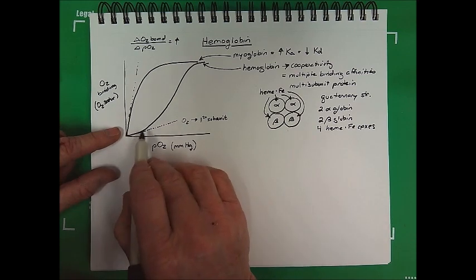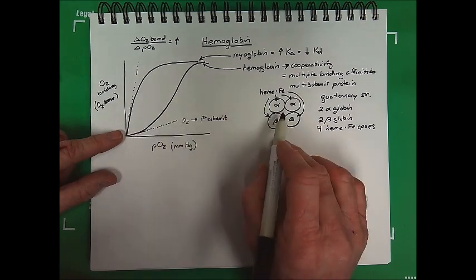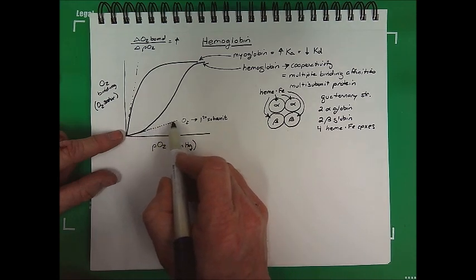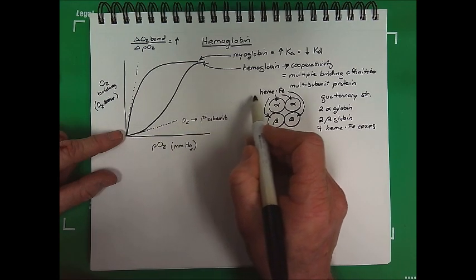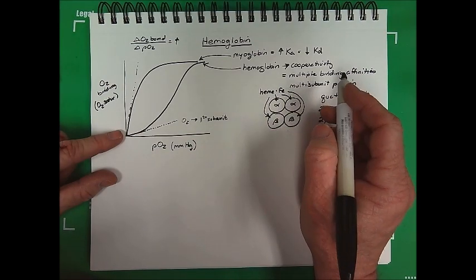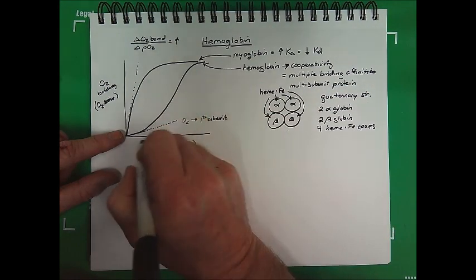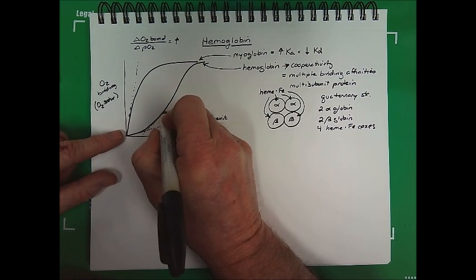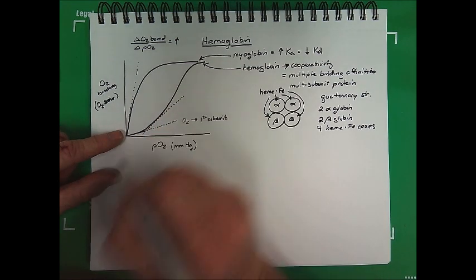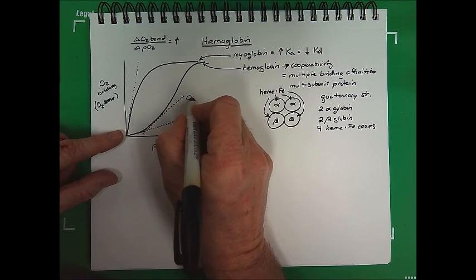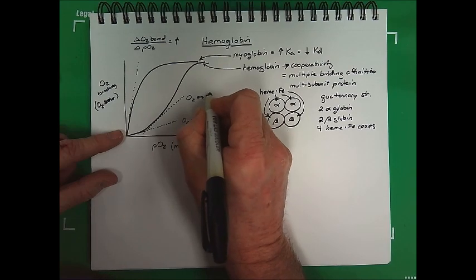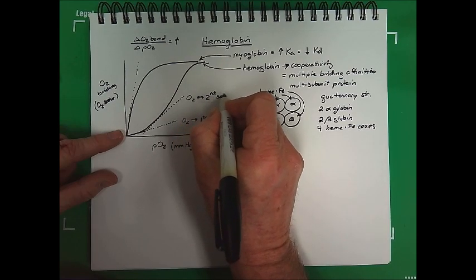Now notice that if all four subunits bound oxygen with the same affinity, we would have a very shallow slope on our line, but it would be linear. What we see now is that with higher oxygen pressures, we see a change in the slope. This means that the second oxygen binding to the second subunit is of higher affinity.